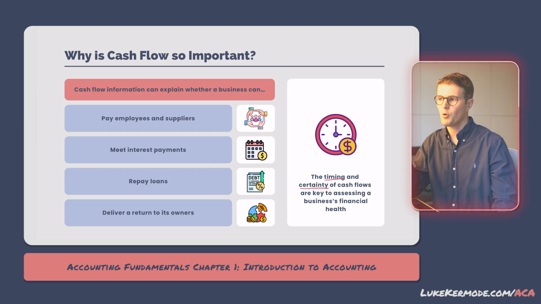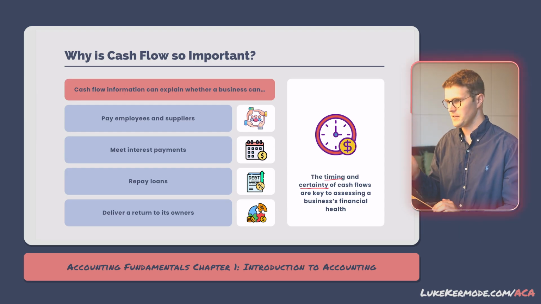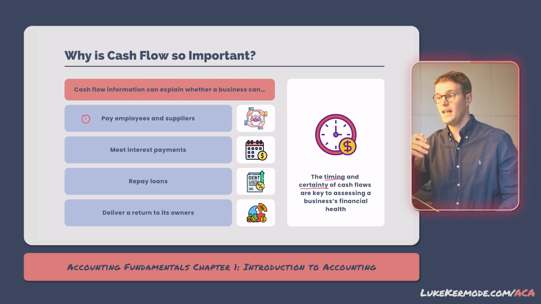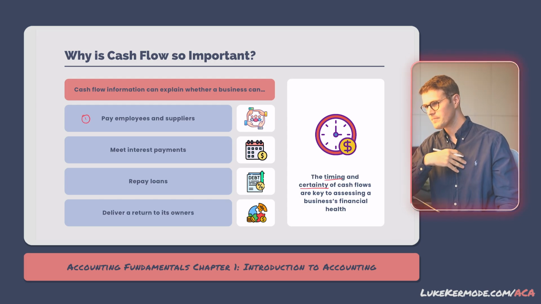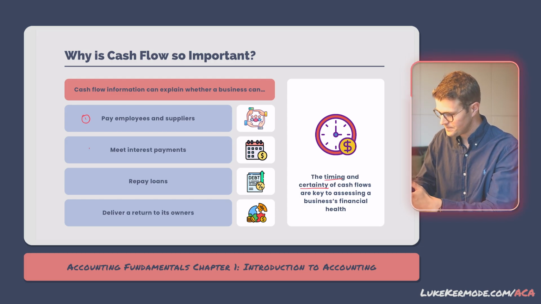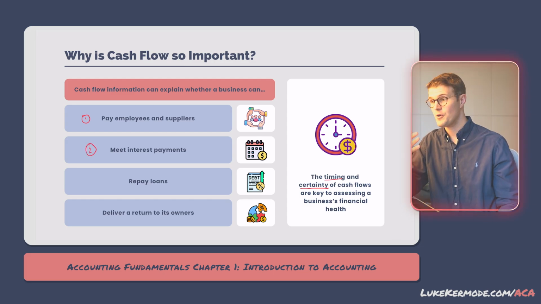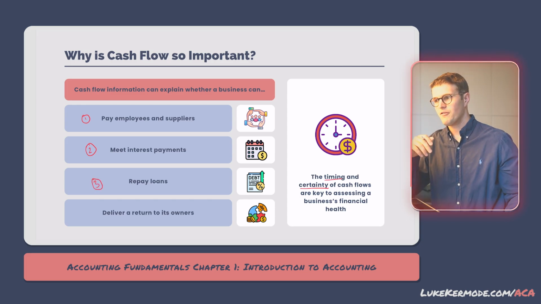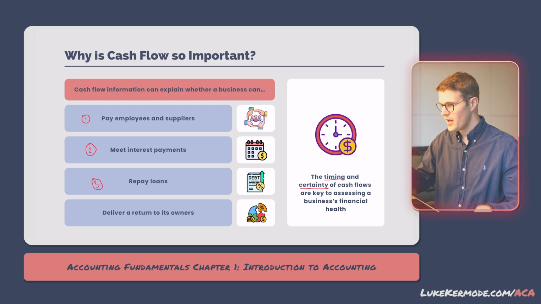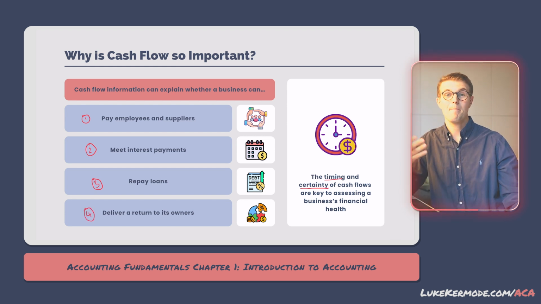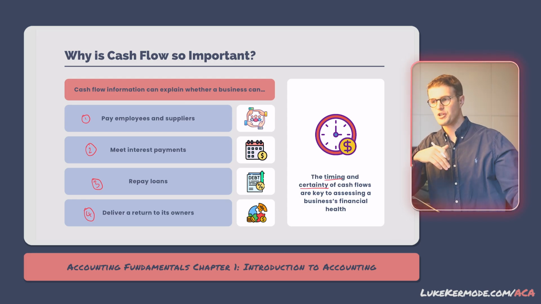A business needs reliable cash flow to do four essential things. First, to pay its employees and its suppliers on time. Second, to meet its interest payments on its debt. Third, to repay its loans on time to avoid the risk of default. And fourth, to deliver returns to its shareholders, either through dividends or by reinvesting back into the business to fund future growth, which will increase its valuation over time.